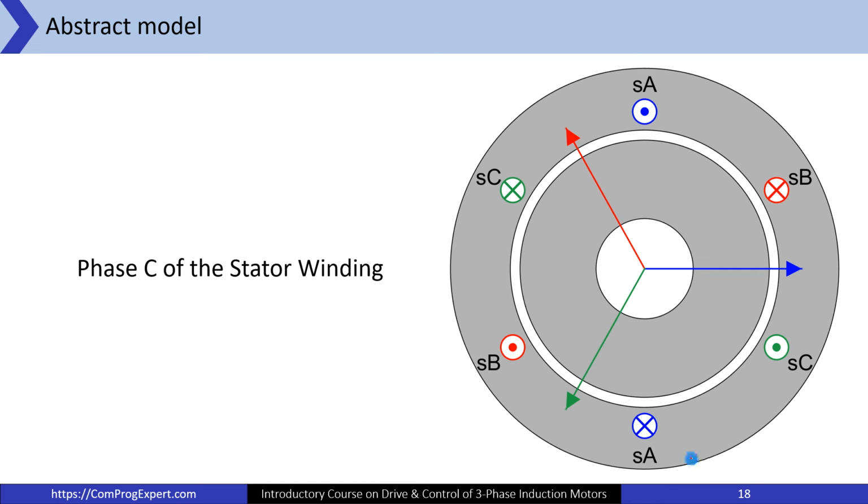So how is the rotating field generated by the stator winding? When we have a balanced three-phase winding, we should have a rotating field in the air gap. So let's write a MATLAB code and visualize this important concept.